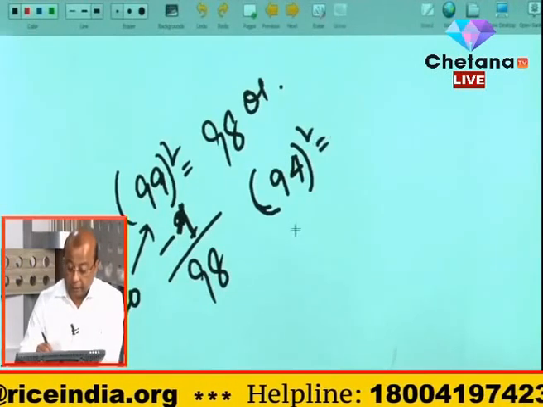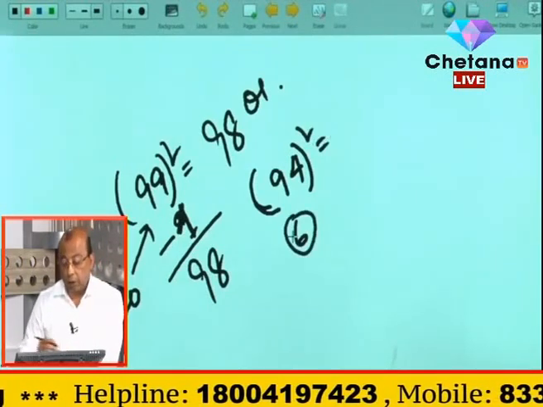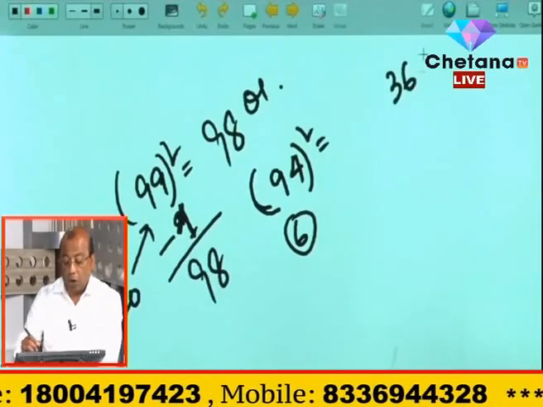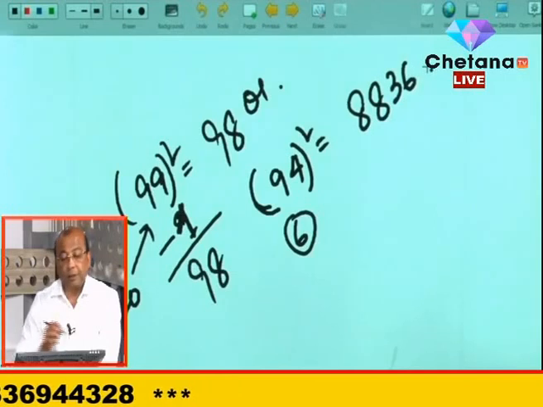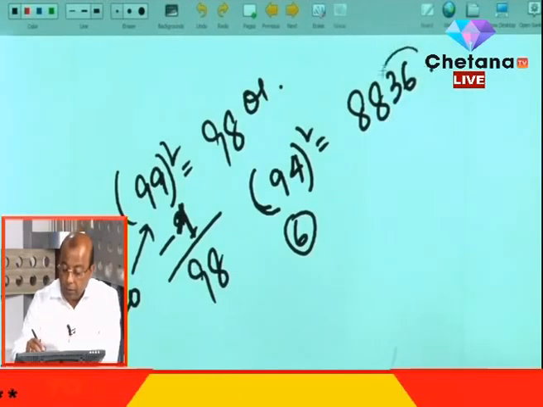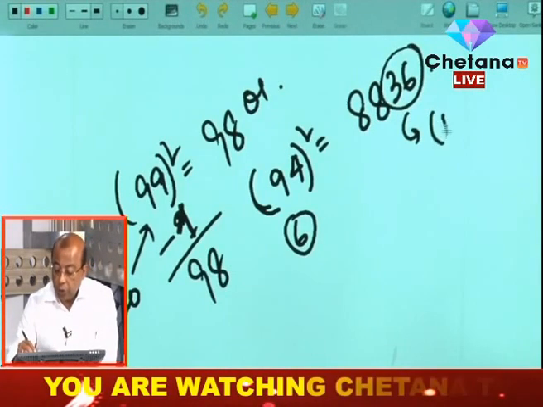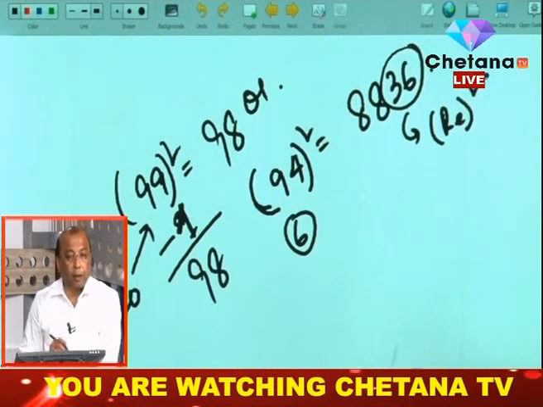How much less? 6. 6 whole square, 36. Original number minus 6, that is 88. Answer 88, and the last part is 36, so 8836.